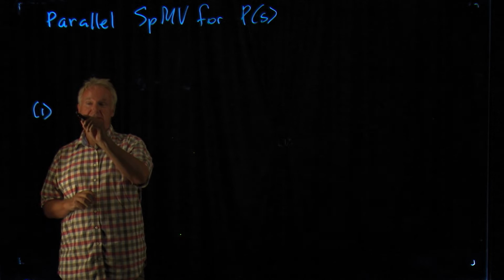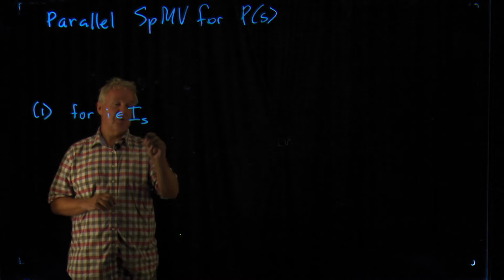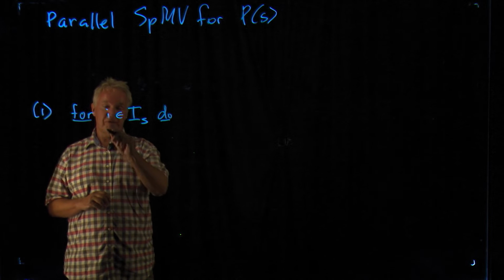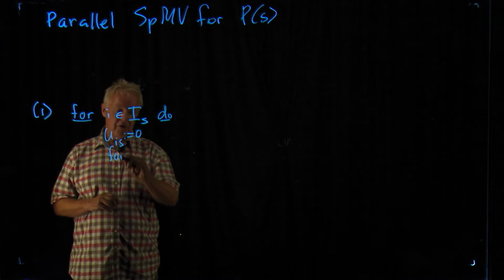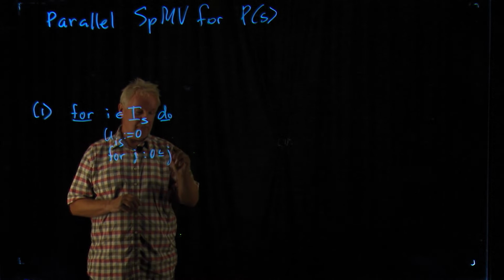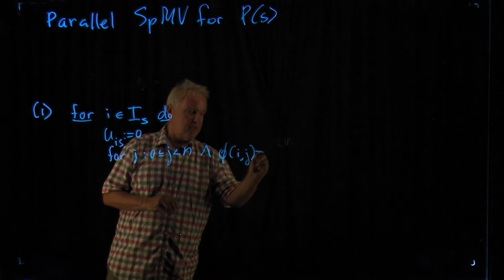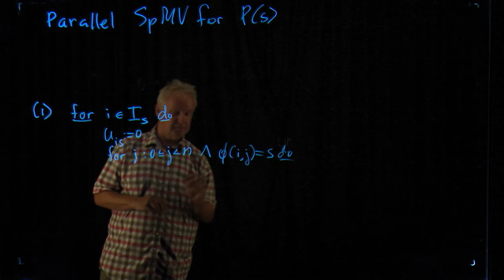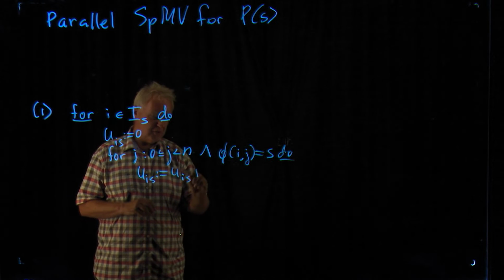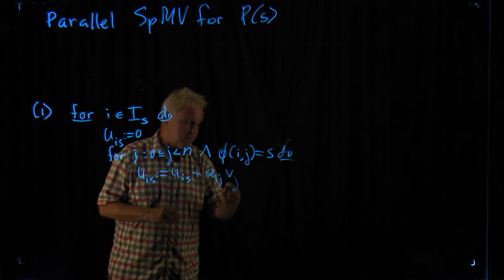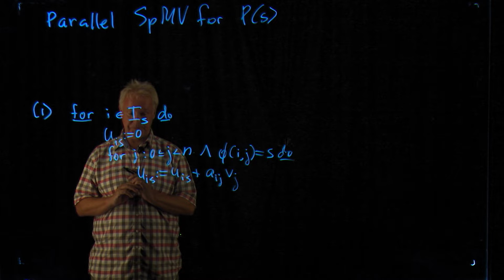For every row i that's locally non-empty, we first initialize the local contribution, and then for all the j that are local, we update this local contribution by adding the product Aij times vj. This is the central operation.